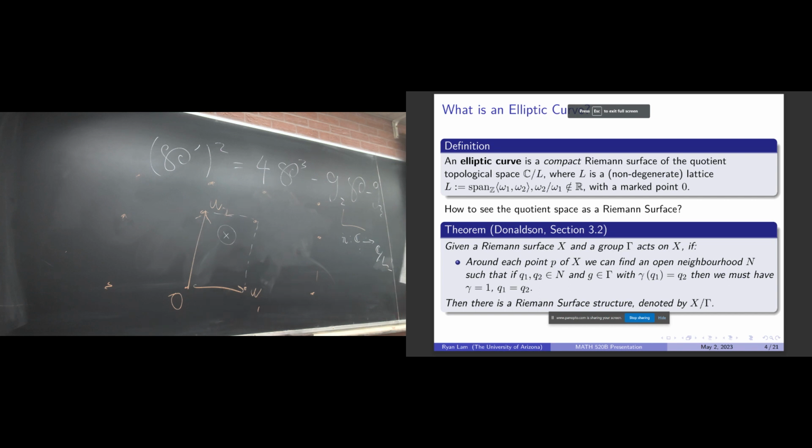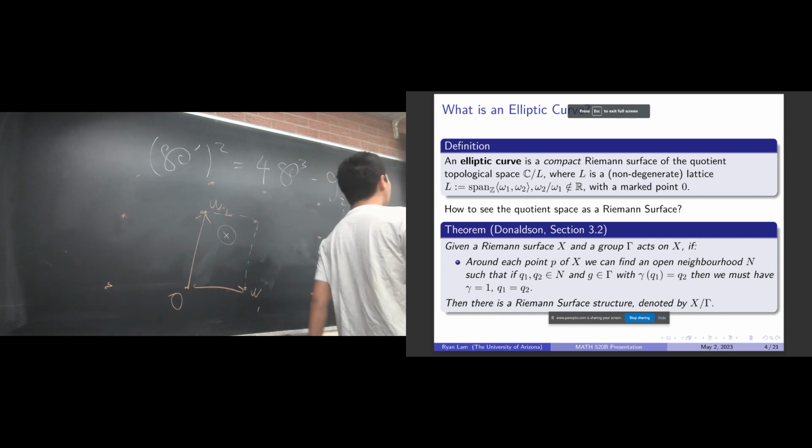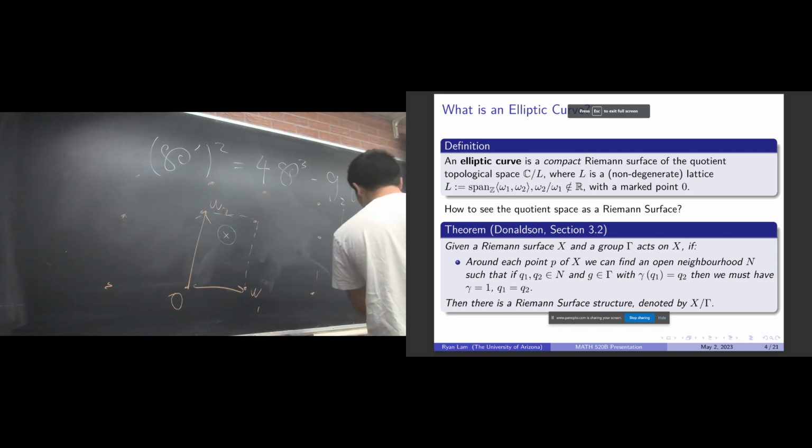I kind of don't want to do this, but it is important for the space H over PSL2C that we will look at later, which satisfies this technical condition. So I put it here on the slides, but I will just say it here now.